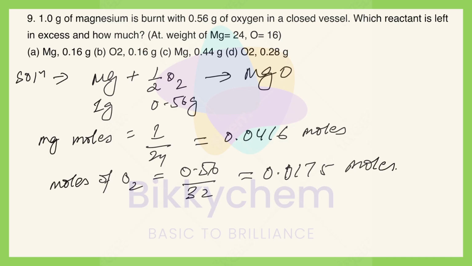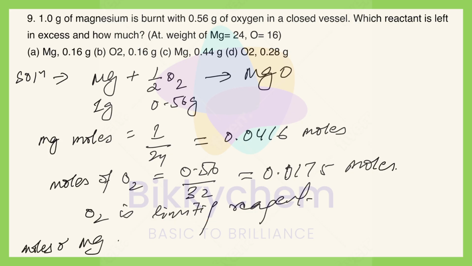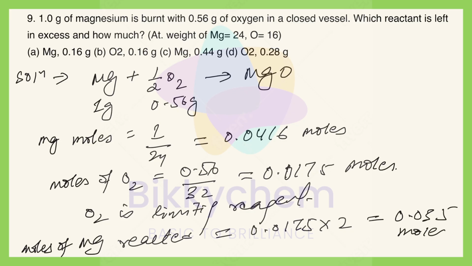Now from these values we know that oxygen is the limiting reagent. So the moles of Mg reacted equals 0.0175 into 2, which is 0.035 moles.